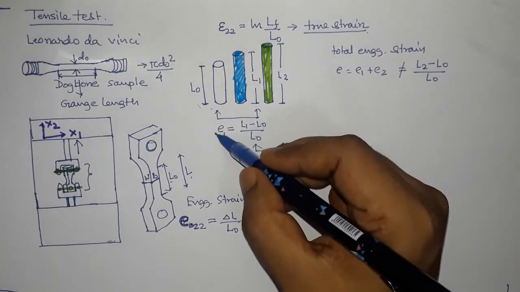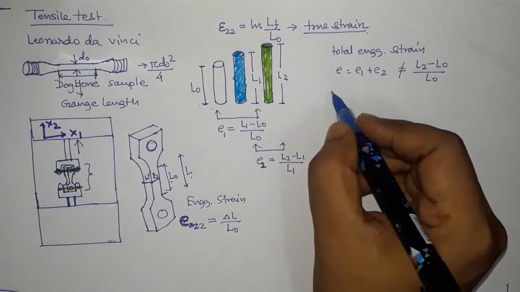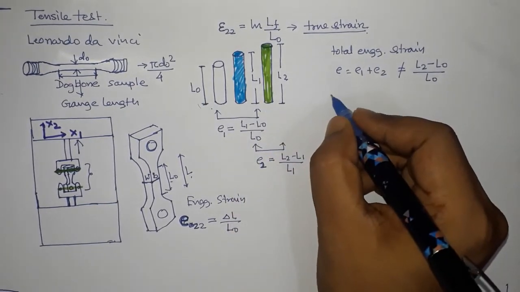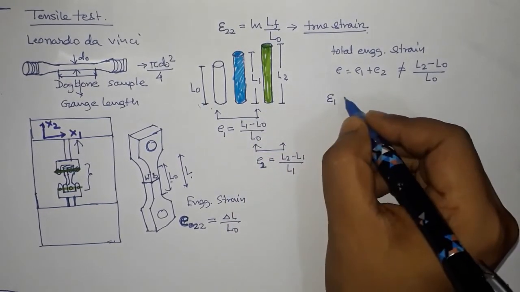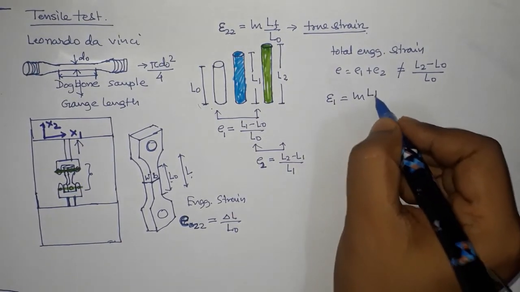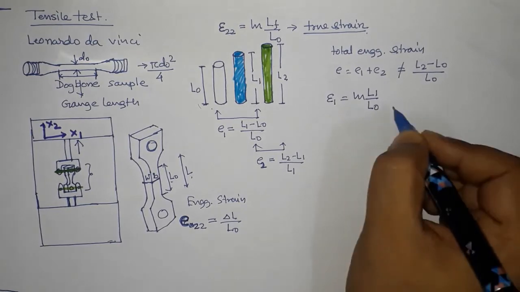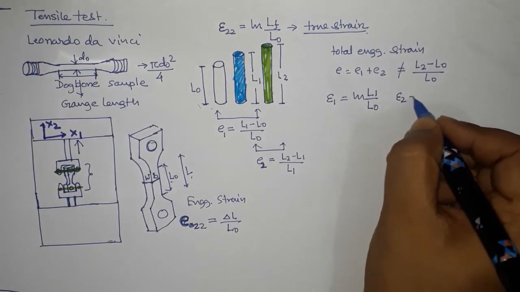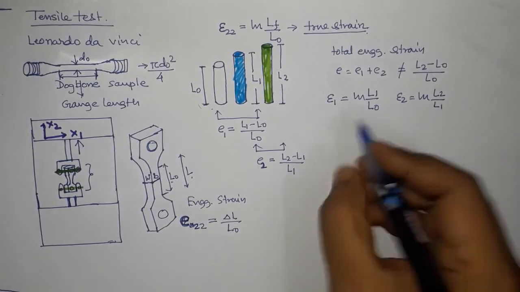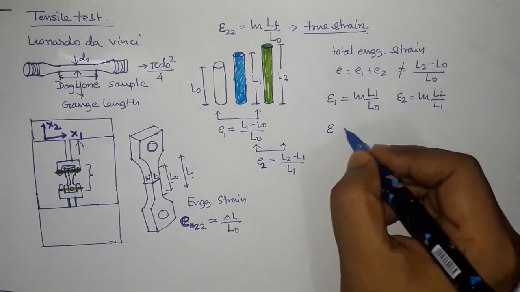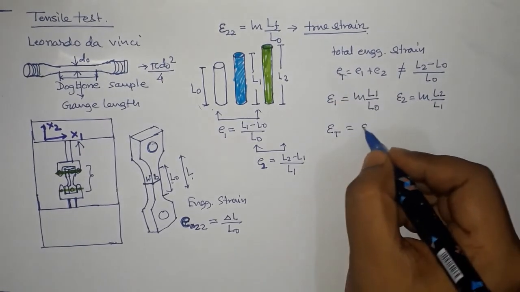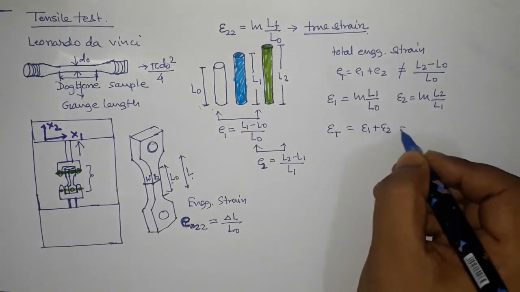So for example, to calculate true strain from L0 to L1, in step 1, we'll call that epsilon 1, that will be natural log of L1 divided by L0, and epsilon 2 will be natural log of L2 divided by L1, right? What will be the total strain? The total strain will be epsilon 1 plus epsilon 2.